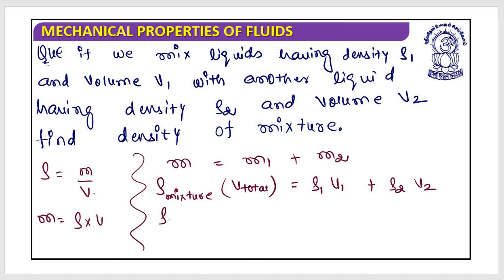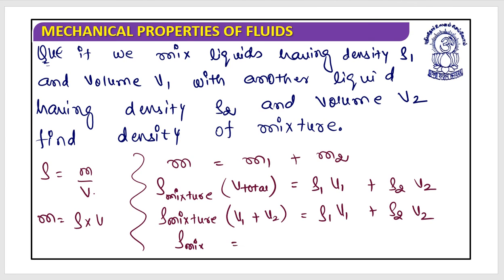The total volume is v1 plus v2, so that equals rho 1 v1 plus rho 2 v2. So the density of the mixture is equal to rho 1 v1 plus rho 2 v2 divided by v1 plus v2. I hope this is clear.